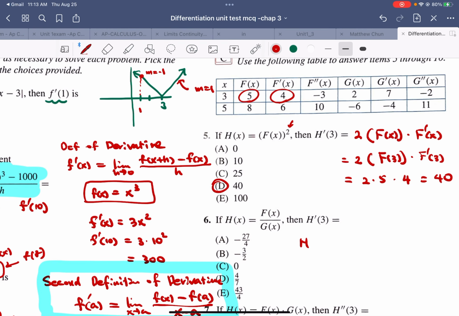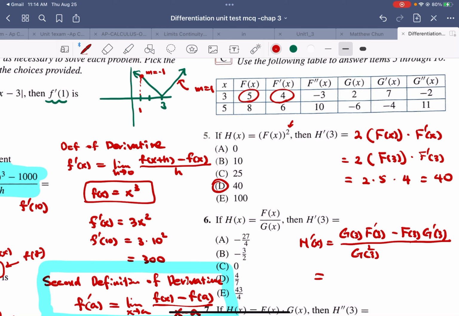Okay? Now next one is a quotient rule. When you take a derivative, it's over denominator squared. So I'm going to substitute 3 also. Low d high, derivative of high, minus high, derivative of low. And then you use that table value up there.